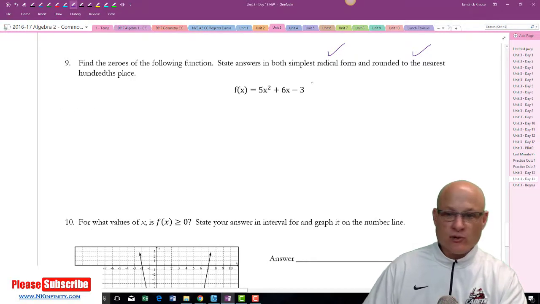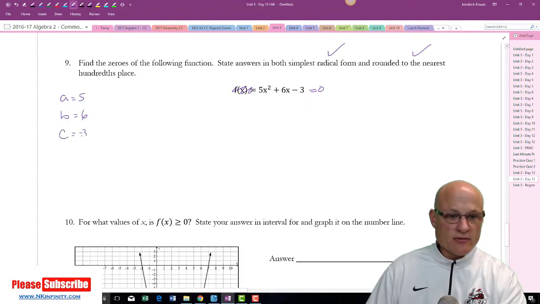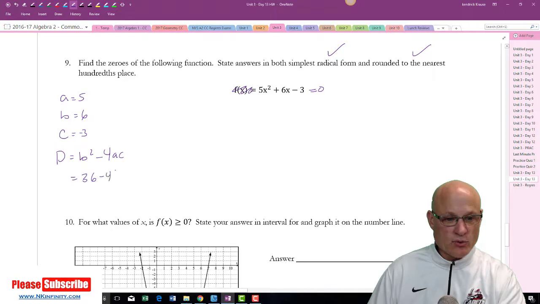Remember, we're going to set this equal to 0. So A equals 5, B equals 6, C equals negative 3, and the discriminant D equals B squared minus 4AC. In other words, D is equal to 36 minus 4 times 5 times negative 3.